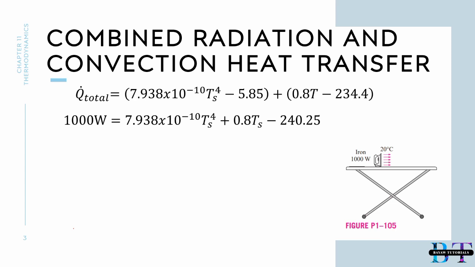And combining our like terms, that will be 1240.25 is equal to 7.938 times 10 raised to negative 8 T sub s raised to 4 plus 0.8 T sub s.